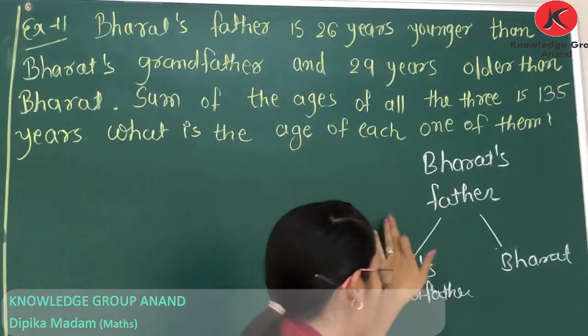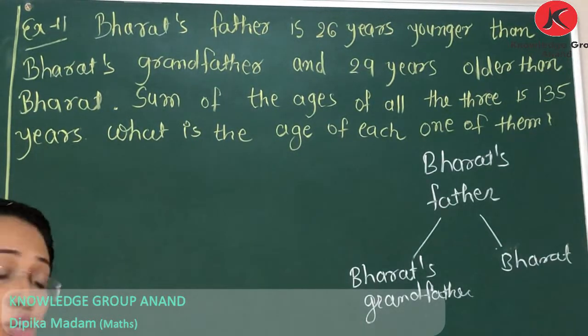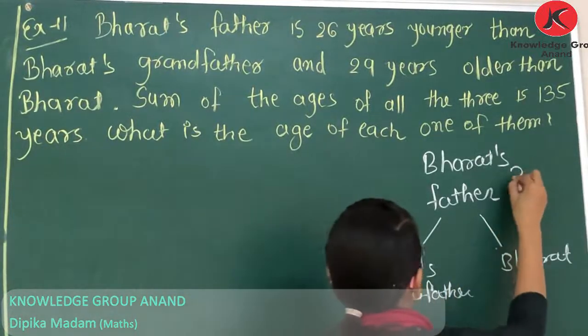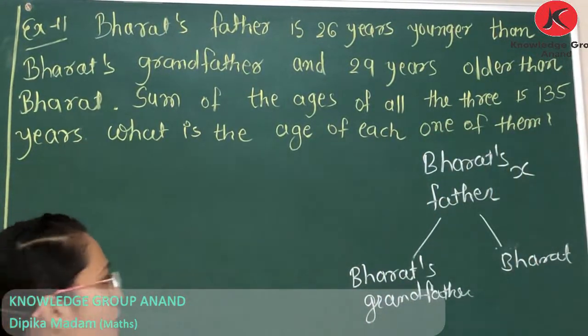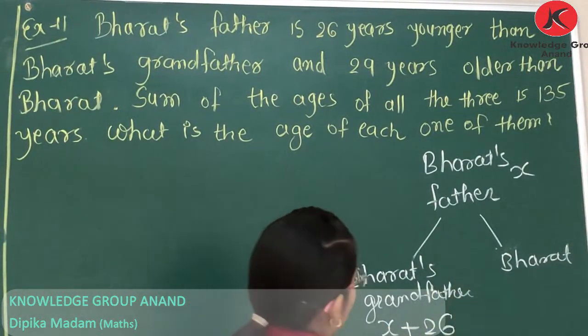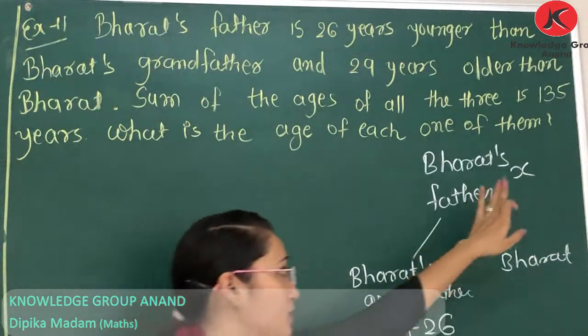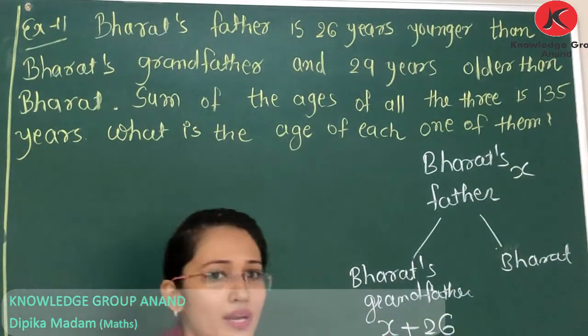Bharat's father is 26 years younger than the grandfather. He is 26 years younger than the grandfather. So if Bharat's father's age is x, then what is the grandfather's age? The grandfather is older, that's why it is x plus 26. Okay. Means if father's age is x, then grandfather's age will be x plus 26.